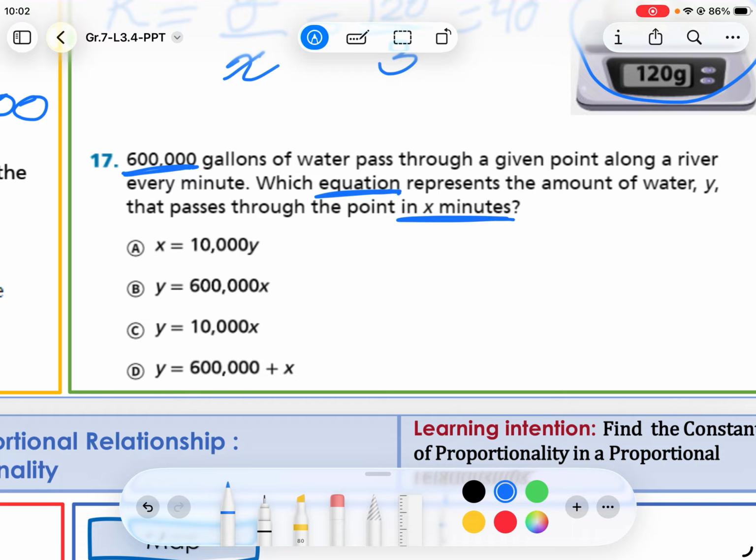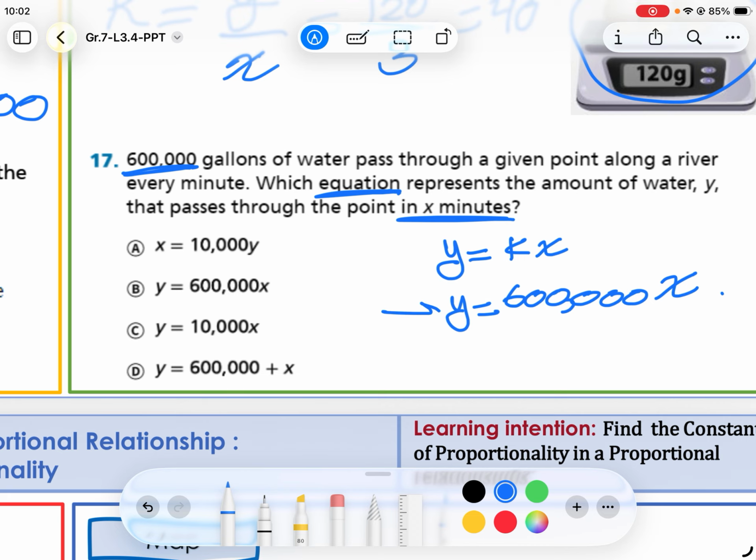Okay, so here I think once they ask you about the equation, it should be given to you in the form y equal kx. So they're telling you how many gallons of water pass every single minute. That will be the value of k, that will be 600,000 x. So you have to look for something that matches this equation.